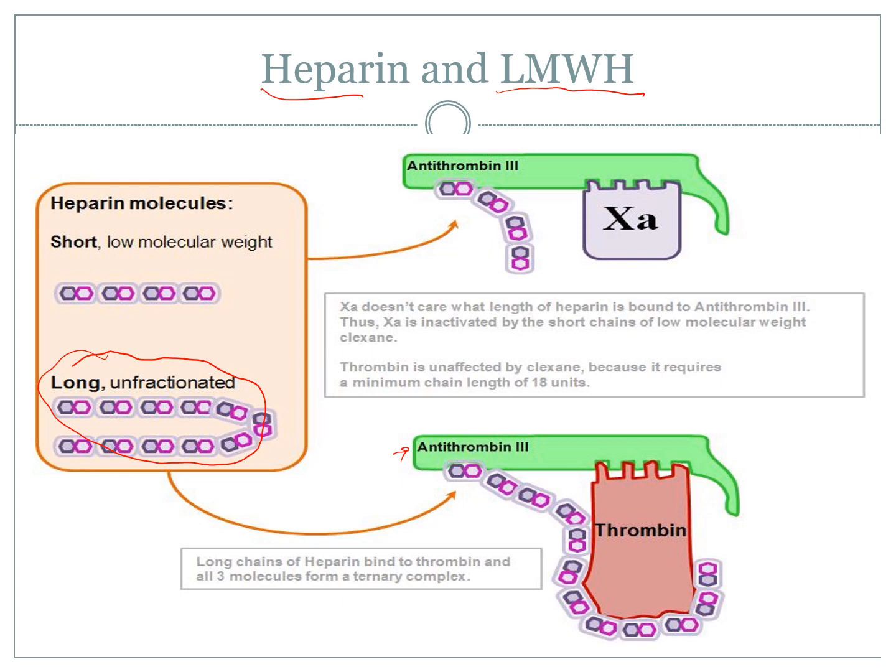Okay, and heparin works with that particular one. So it binds directly to AT3 and it enhances its ability to inactivate the clotting factors of factor 10A, so the activated factor 10, and also thrombin itself. Okay, so heparin works on factor 10 and thrombin itself, which is factor 2.